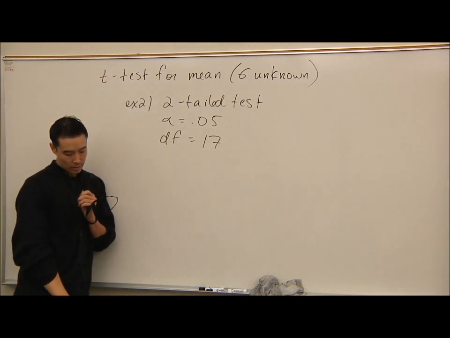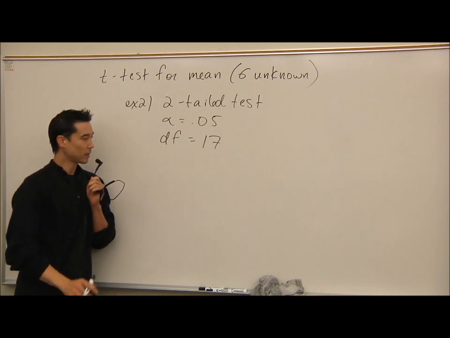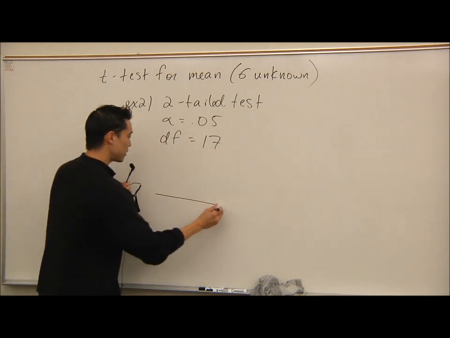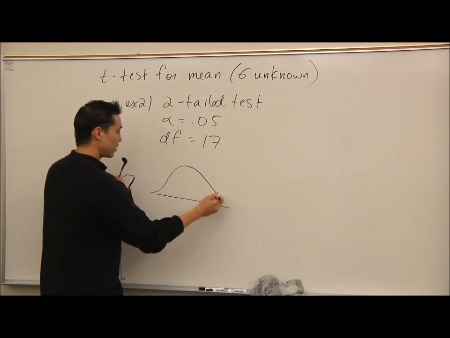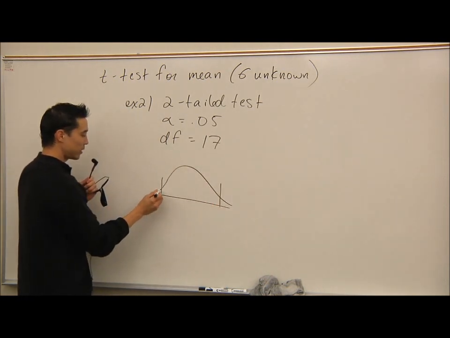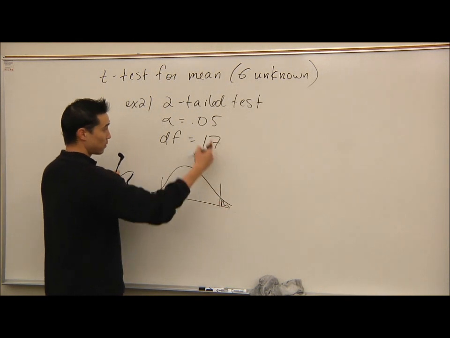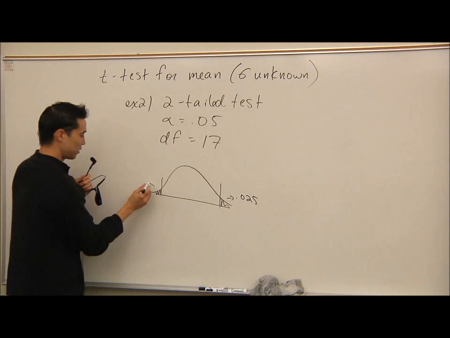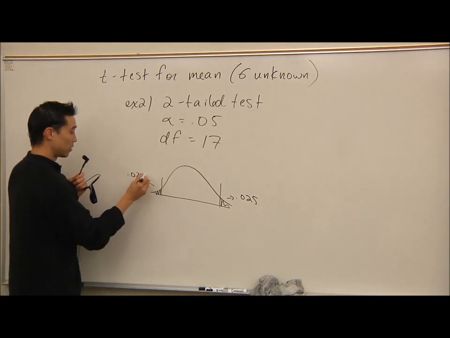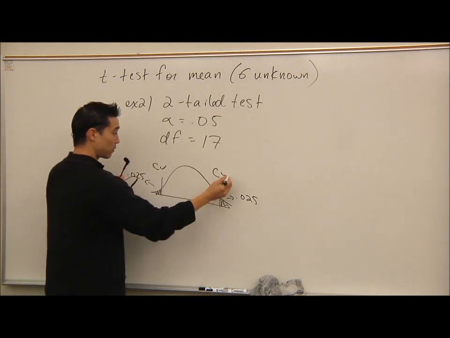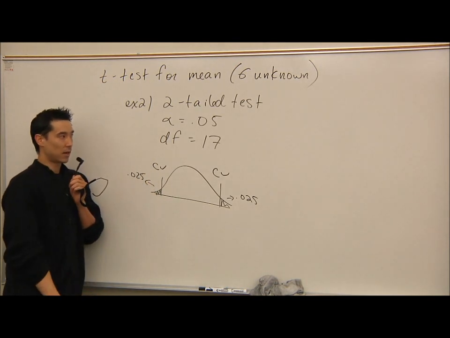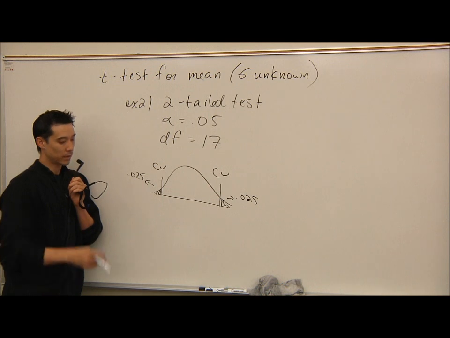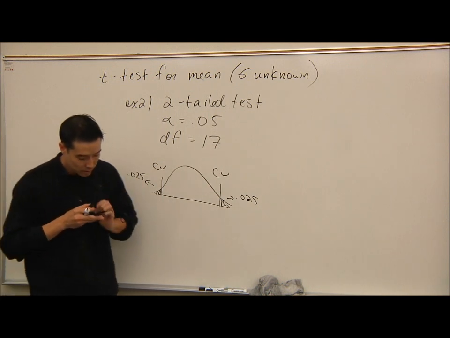Okay, so if I know it's a two-tailed test, I need to split that total alpha area in two parts. So if this is 0.05, this has to be 0.025, and this area here has to be 0.025. We have two critical values on the negative side and on the positive side, and the degrees of freedom are 17.